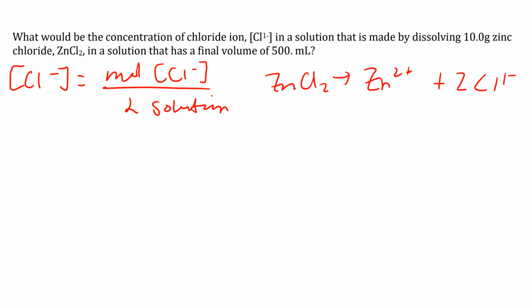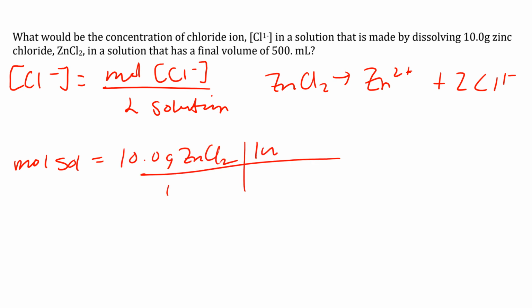So to find out the moles of solute, we need the moles of the zinc chloride. So 10.0 grams of ZnCl2, convert this over to moles. So about 136.3 grams.